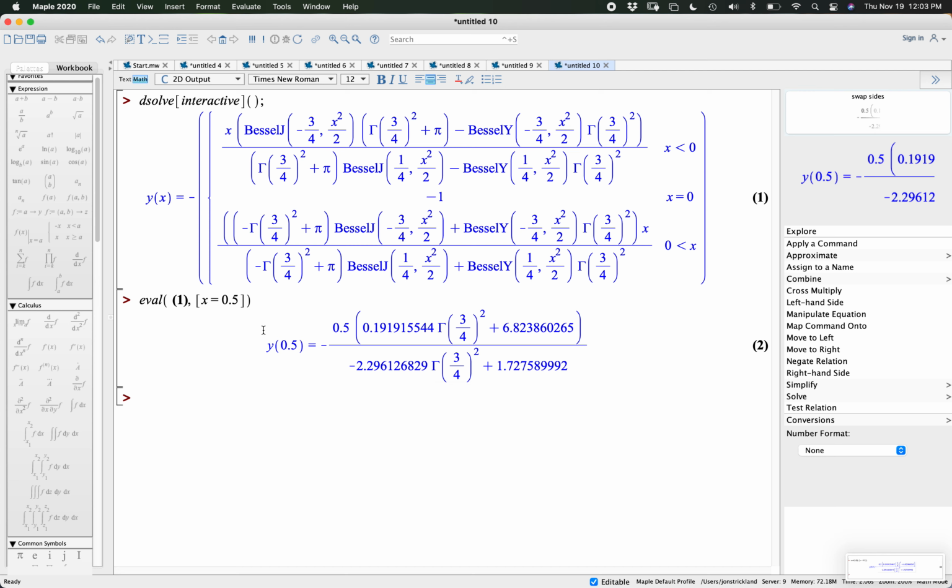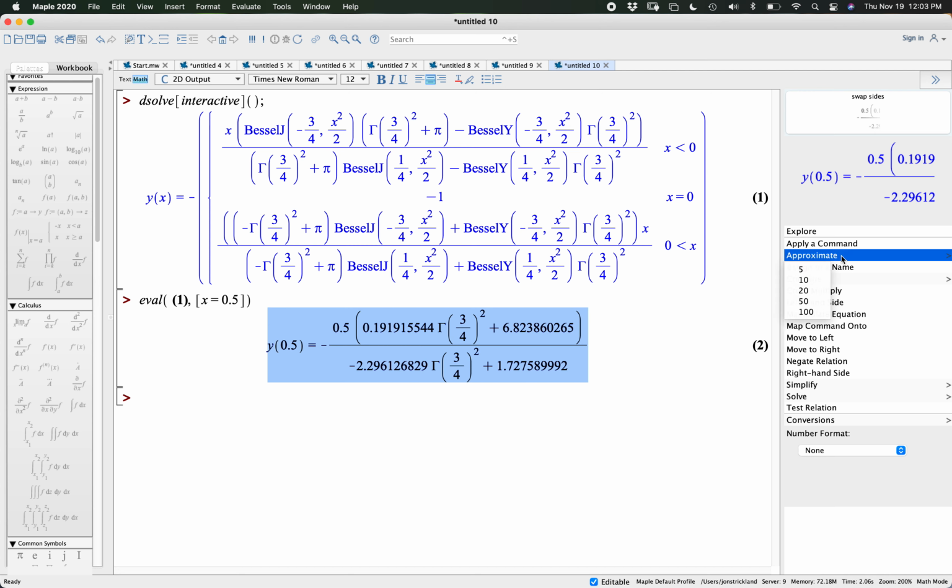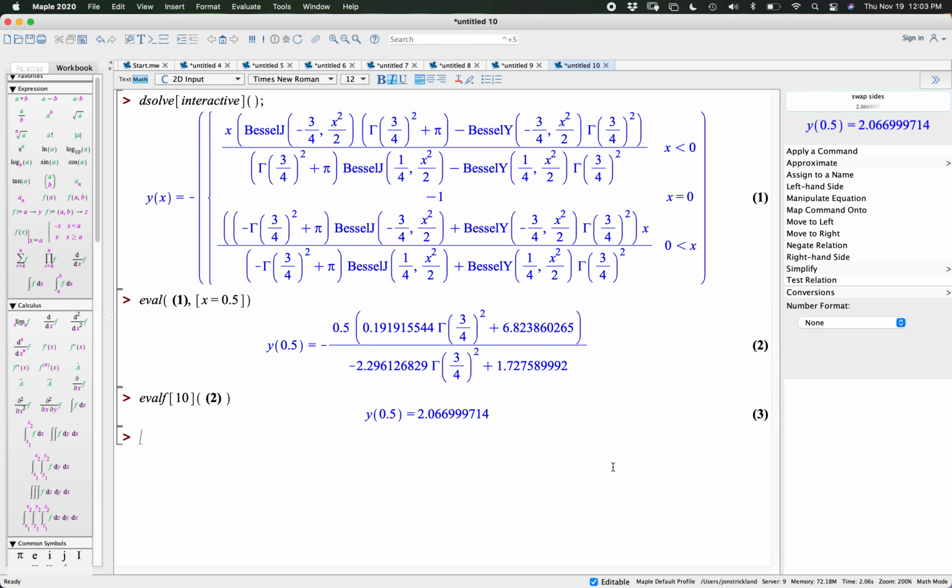If I want to convert this into an approximation, to about 10 decimal places, this is going to be about 2.066999714, and we'll see how the numerical methods might show up.